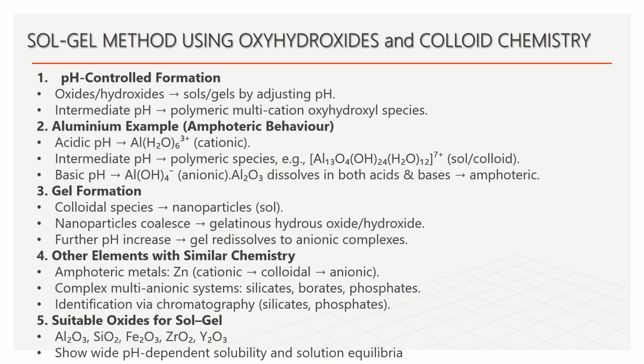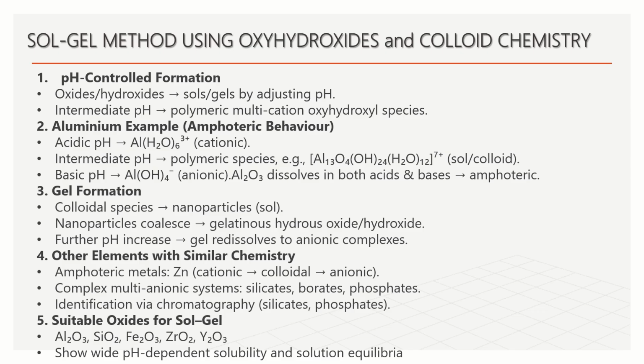In acidic solution, aluminium exists as a simple hydrated cation, aluminium hexahydrate, with an overall plus 3 charge. In strongly basic solution, the same aluminium forms an anionic hydroxide, which is Al(OH)4 negative. This ability to dissolve in both acids and bases but not in the middle pH range is why aluminium oxide is called amphoteric.